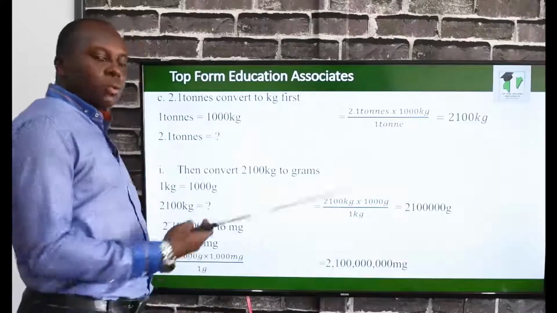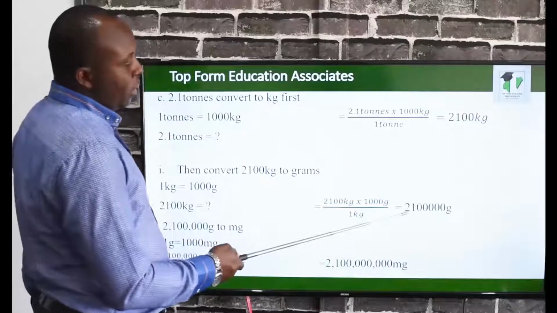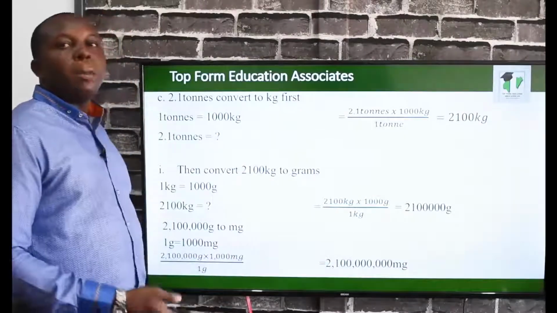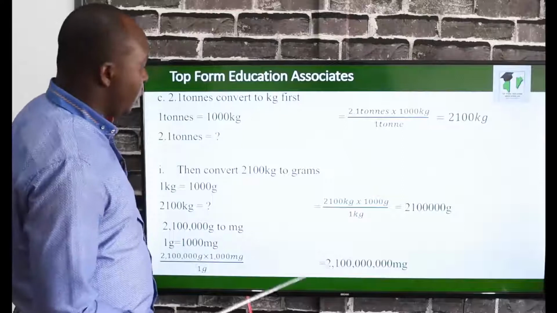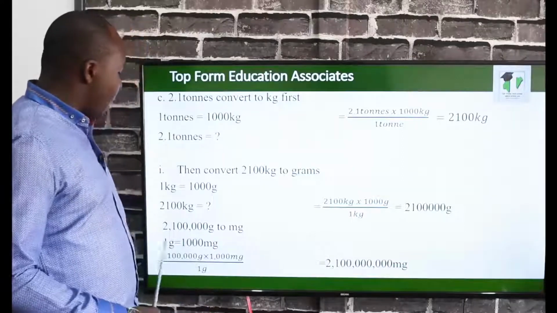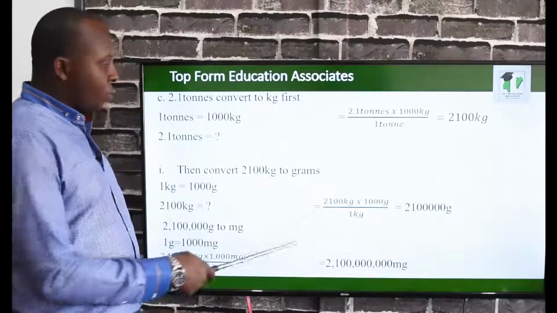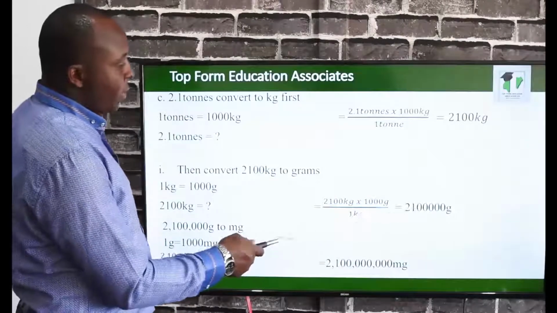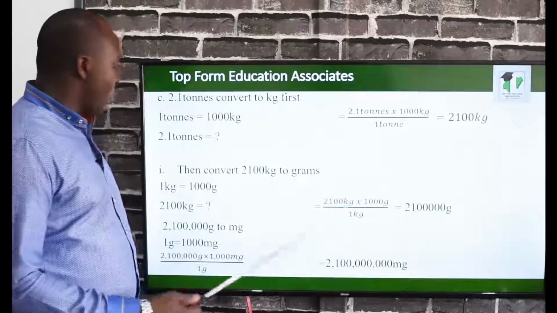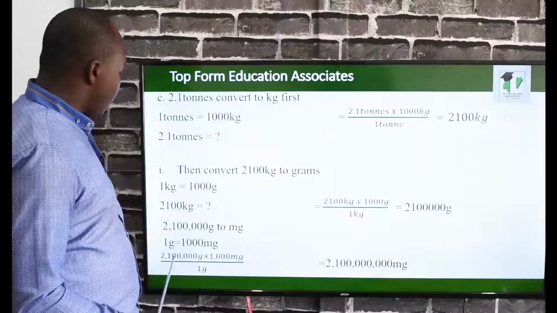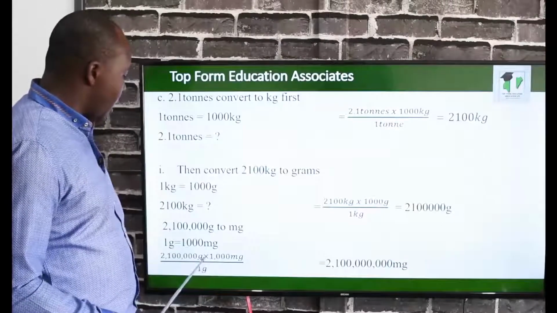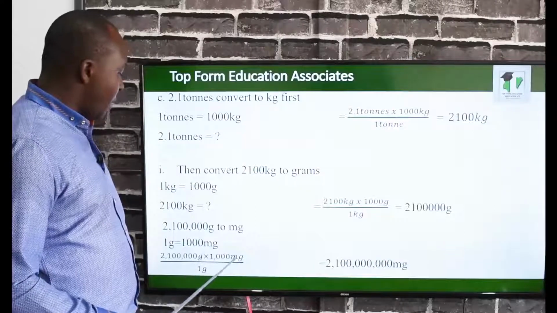The next thing is to now convert this 2,100,000 to milligram, to mg. We know that 1 gram equals 1,000 milligram. And then 2,100,000 gram equals, or no, we cross multiply again. Once we cross multiply, g cancels g. We are left with mg.